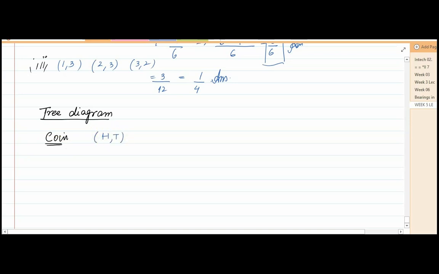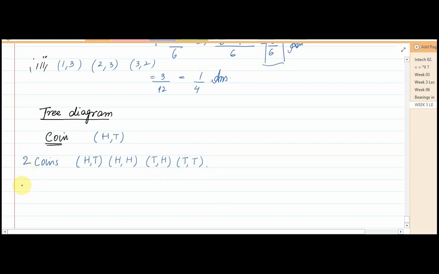Now let's suppose you have 2 coins. Now the possible outcomes are either you get head on one coin and tail on another coin, head on first coin and head on second coin, tail on first coin, head on second coin, tail on first coin and tail on second coin. So there are 4 possible outcomes when you have 2 coins, right?